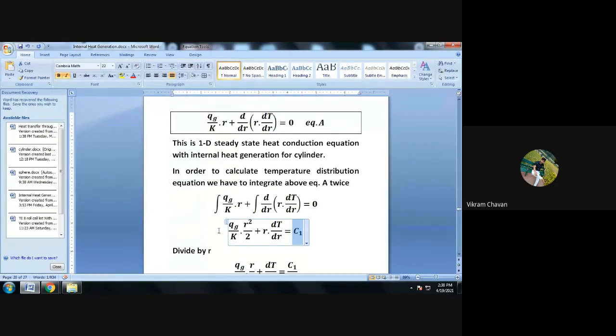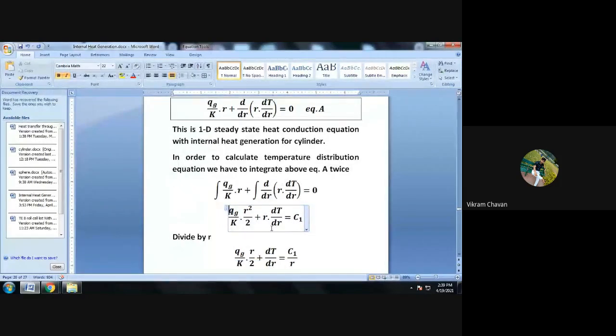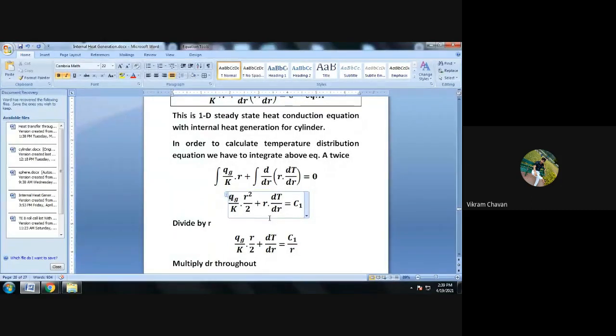So after first integration, what equation are we getting? Qg divided by k multiplied by r square divided by 2 plus r multiplied by dT divided by dr is equal to c1. Now once we have reached this equation, further integration will be done by separating the variables. For that reason, first of all we have to divide by r throughout the equation.